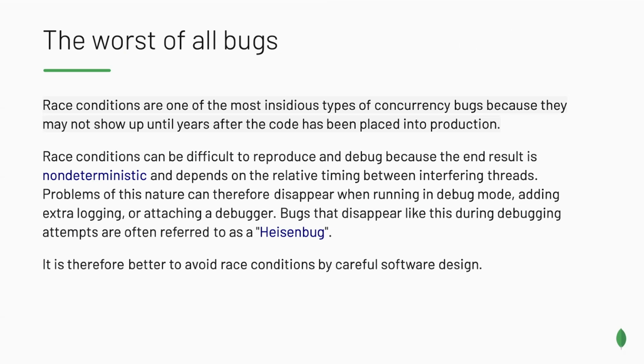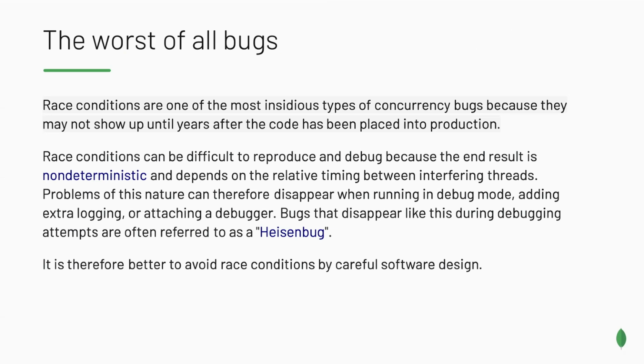Since they're timing dependent, even the fact that you observe it might change the behavior. So you have a bug that every time you run in production mode, it crashes, then you attach a debugger and it works fine. Because the fact that you attach a debugger changes the timing of the system.